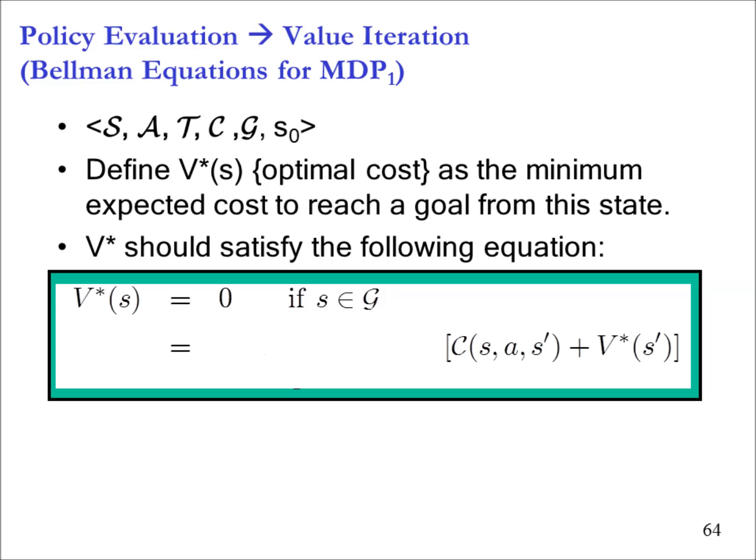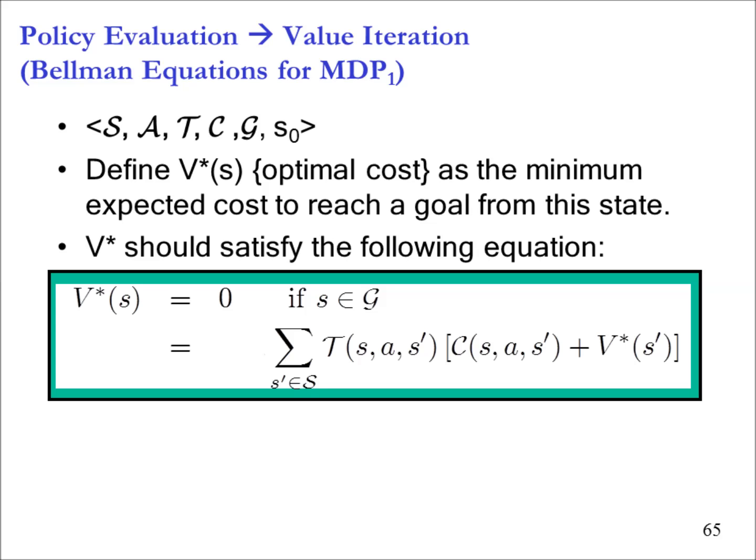But there are many S primes that I can reach. So what do? Wait and see. Take an expectation over all the S primes that can happen after this action, which is the weighted average expectation. So far so good. Now comes the difference. I don't know which action I should be doing.